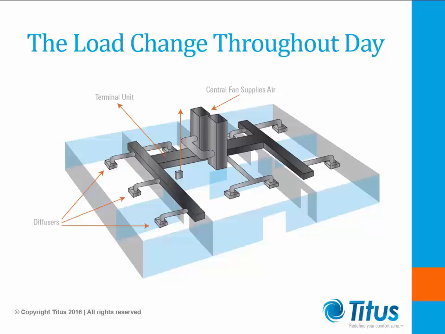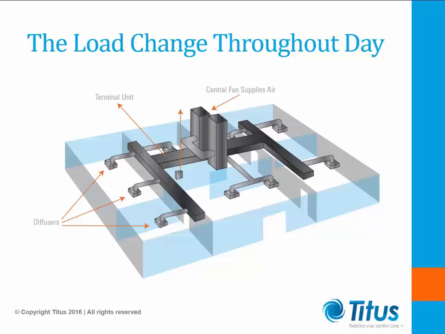Another factor that affects perimeter zones is because you're working with a central plant air conditioning system, the further extremities of the building, which is where your perimeter zone typically is, they're harder to control because you have low pressure areas, or the air tends to drop off at a certain point the further you get away from the central system. One way to remedy this is by the use of fan-powered boxes.